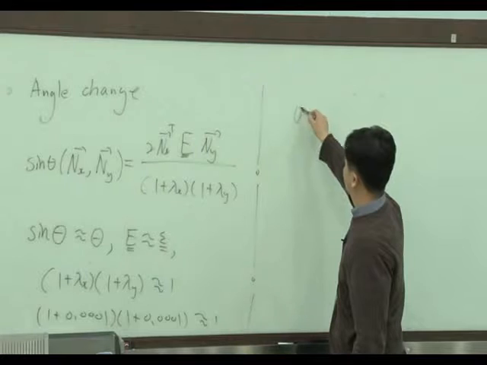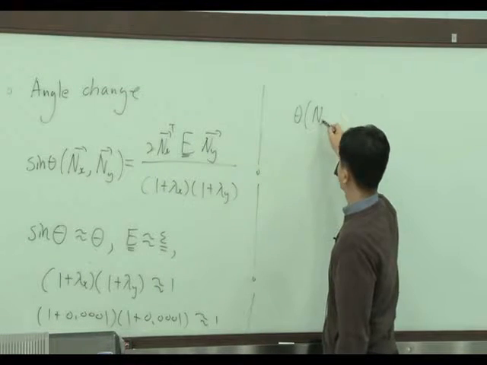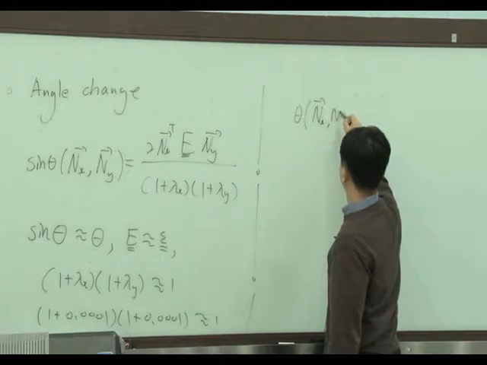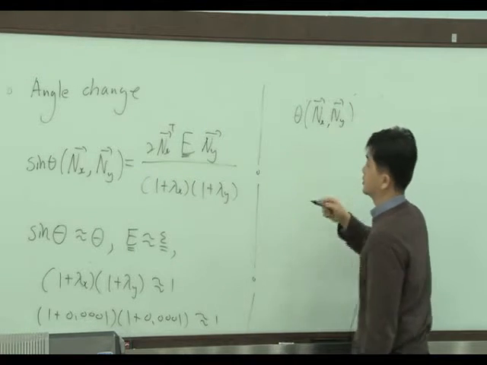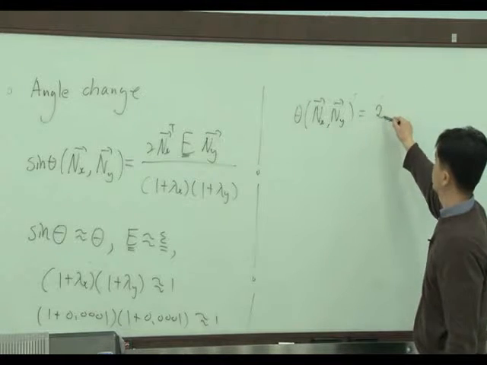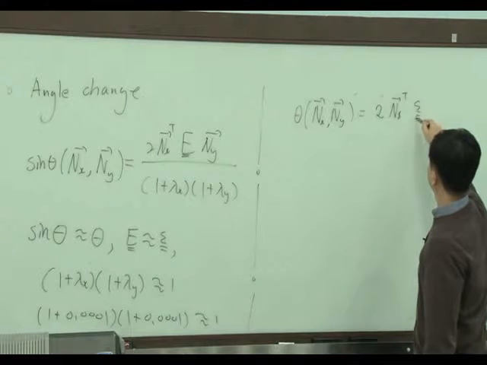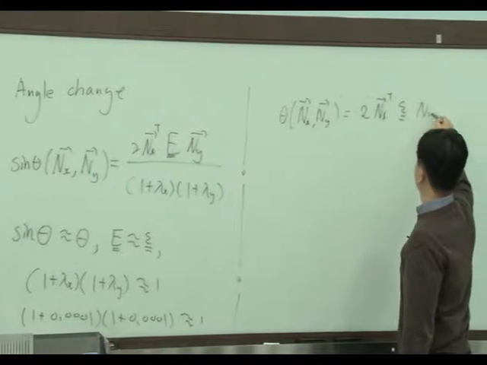So let's apply this condition. Then the left hand side, theta of nx and ny, equals just 2 nx transpose small strain ny.